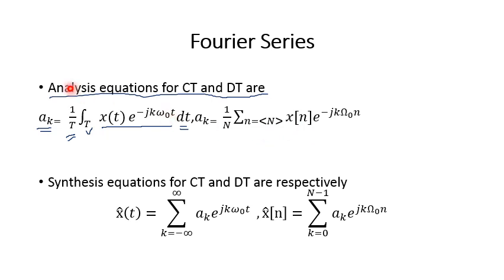So you can say that the analysis equation is used to convert the time domain signal into a frequency domain signal, or you can also say that the analysis equation is a method that splits the signal into its constituent frequencies. Normally we say it's like a prism: when light falls on the prism, it splits the light into its constituent parts.